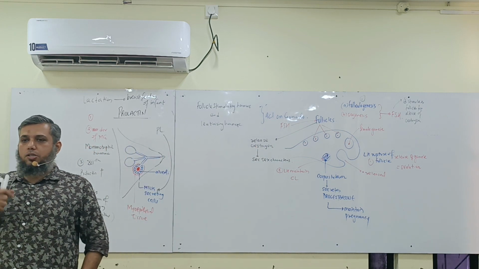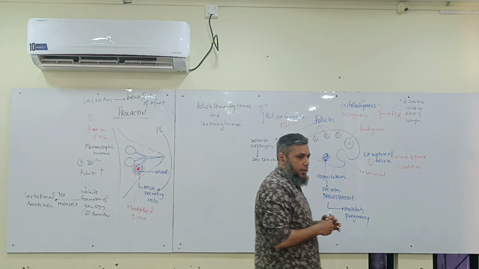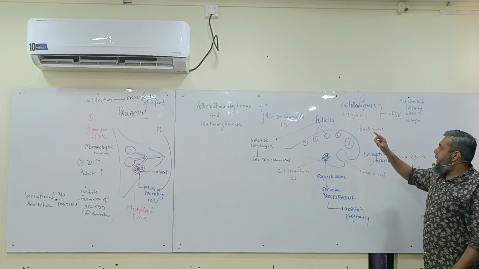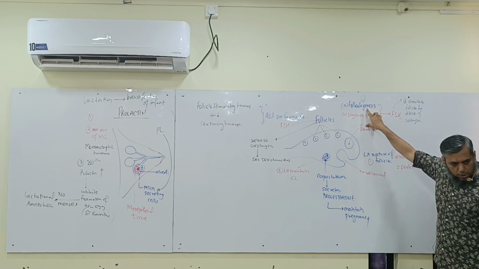So what are the two functions of FSH in a female? One, दोनों चीज साथ में. It helps in folliculogenesis and oogenesis. ये साथ में पढ़ेंगे, है ना?